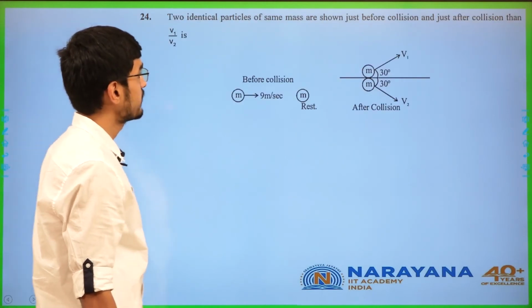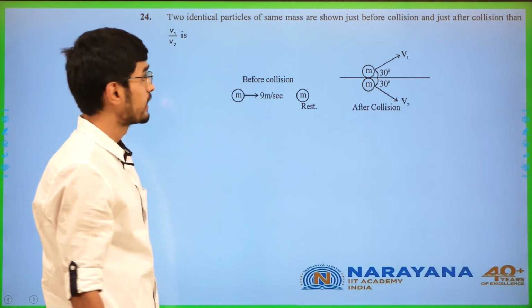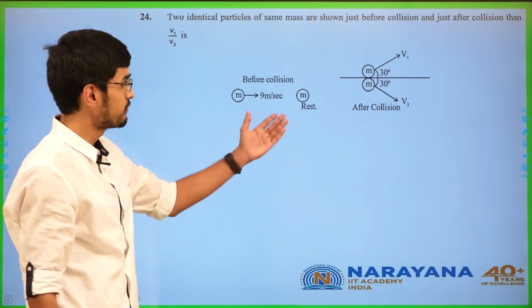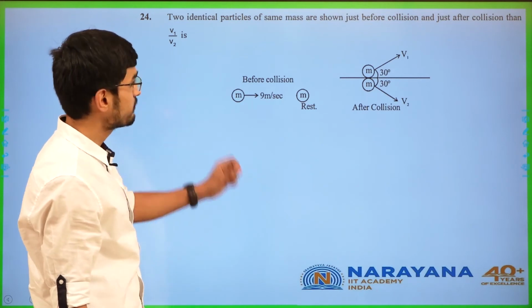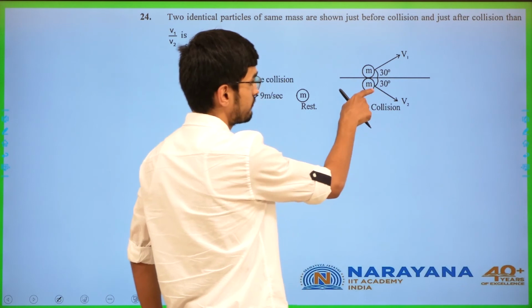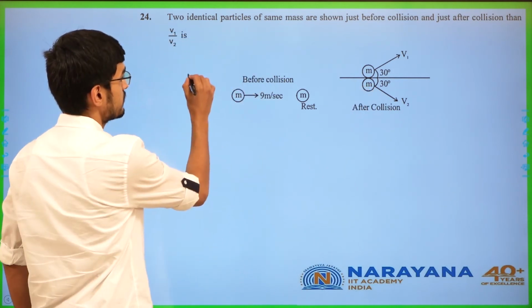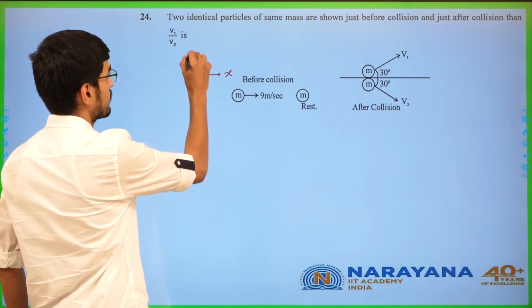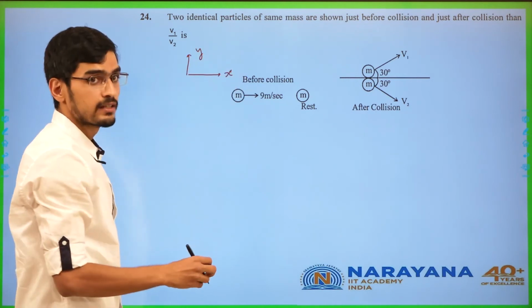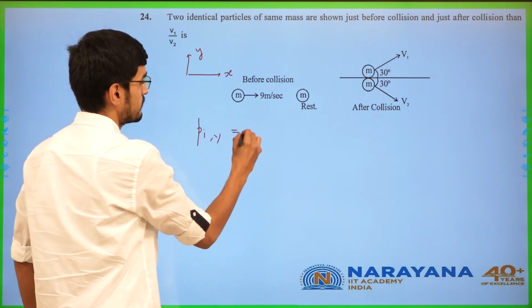Two identical particles of the same mass are shown just before collision and just after collision. As you can see, two diagrams are given before and after collision. We have to find V1 by V2, where V1 is the velocity of m after collision and V2 is the velocity of the other particle after collision. What we can directly use is, if this is called the x-axis and this is taken as the y-axis, then the initial momentum along the y direction is 0.